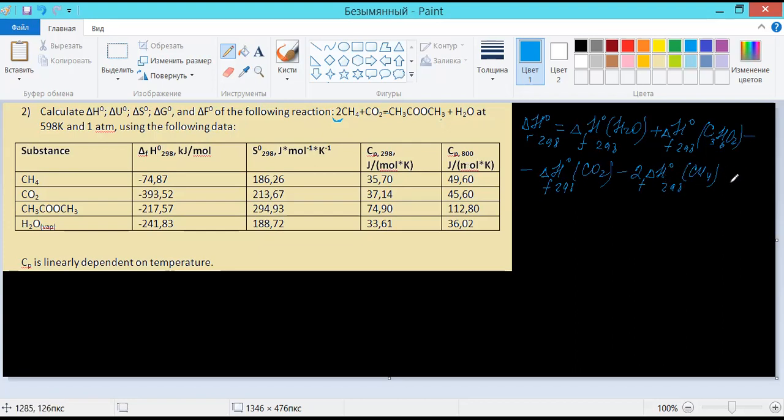Okay, and let's plug in the numerical values given in the table.